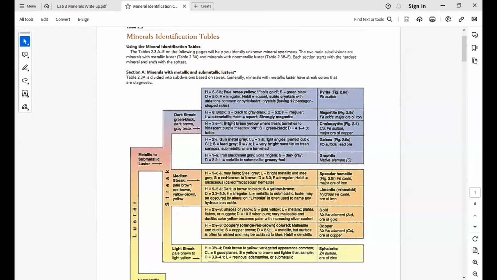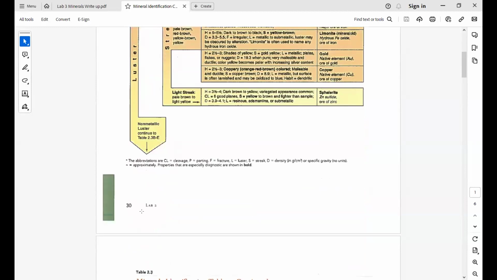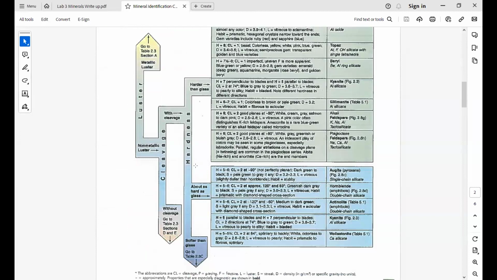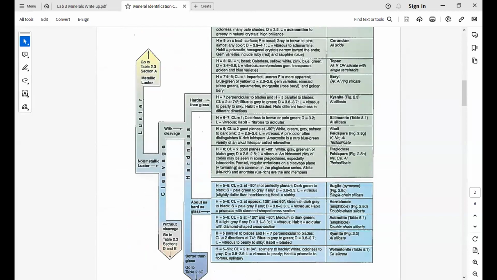So that's greater than glass, right? So we're going to scroll down here to this B, which is minerals with cleavage, parting that's harder than glass. Okay. Let's see. About as hard as glass.